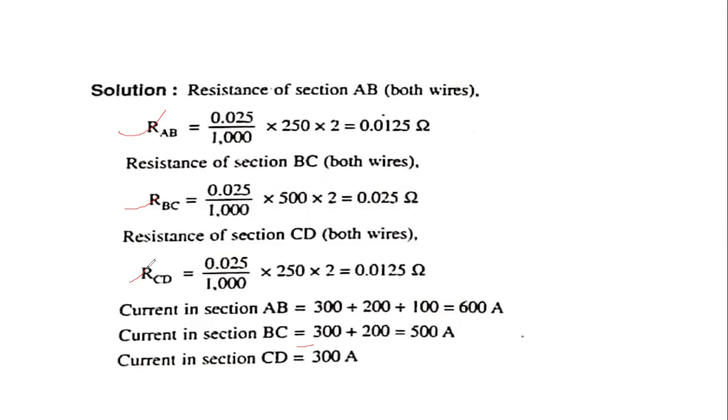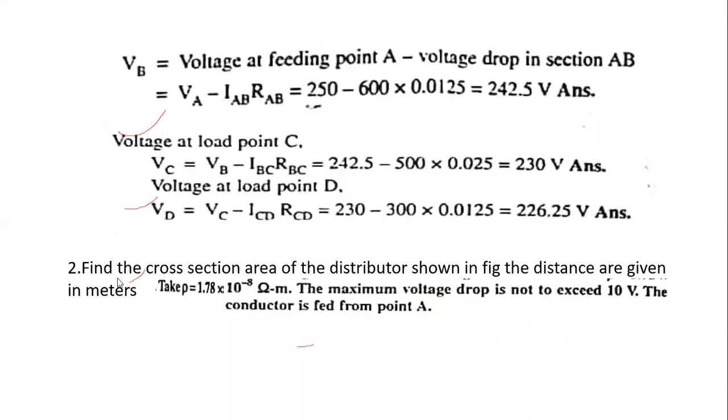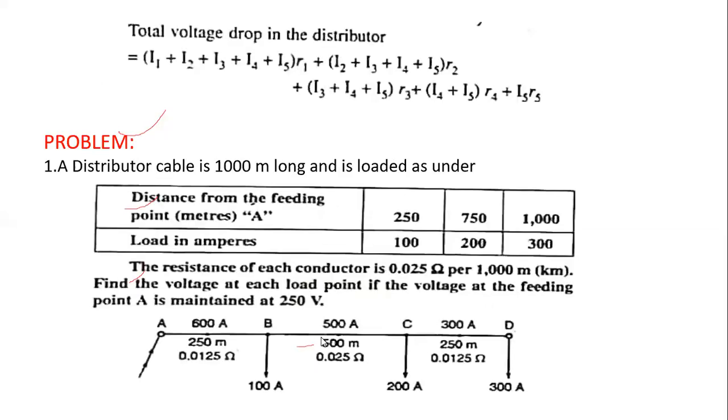Next, we calculate the currents at each and every section. How many sections are there? AB section, BC section and CD section.